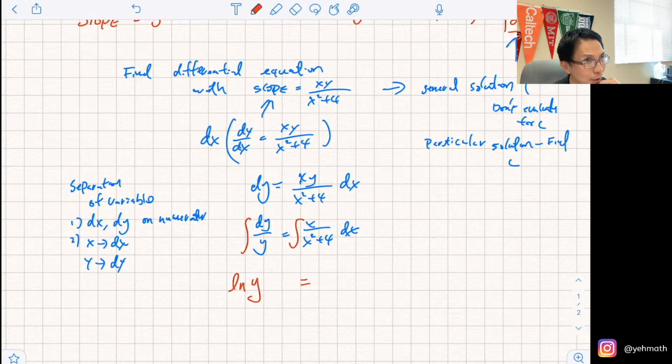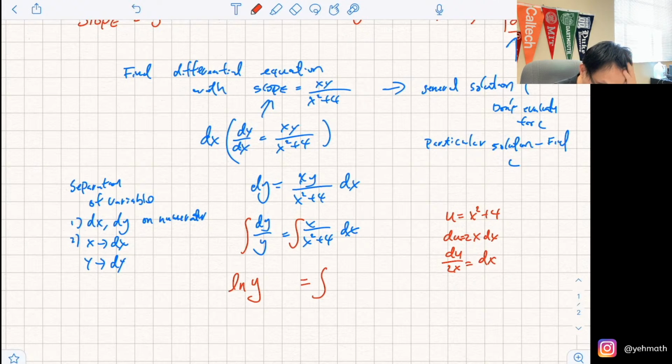What's the integration of x over x squared plus 4? Is it 1 half natural log of x squared plus 4? Yep. A lot of people take two steps in their head, which is pretty awesome, because they can see that x squared plus 4 has a derivative 2x, so du equals 2x dx, and du over 2x is equal to dx.